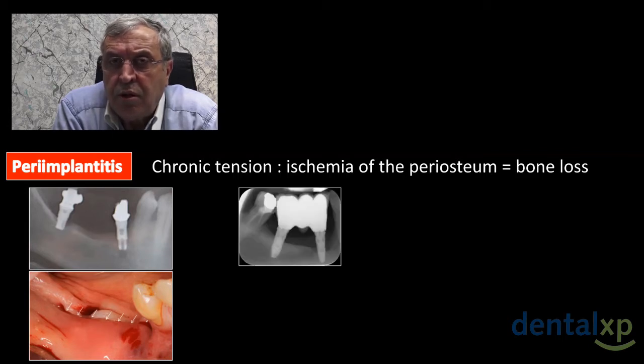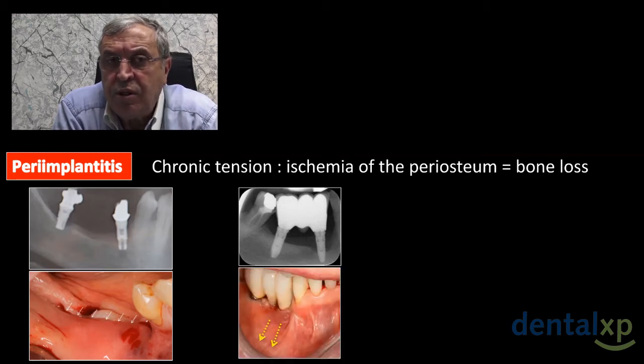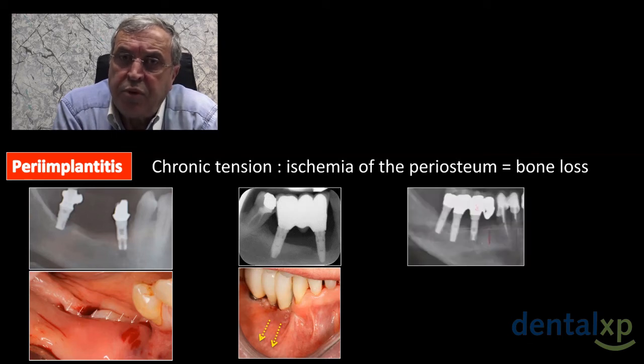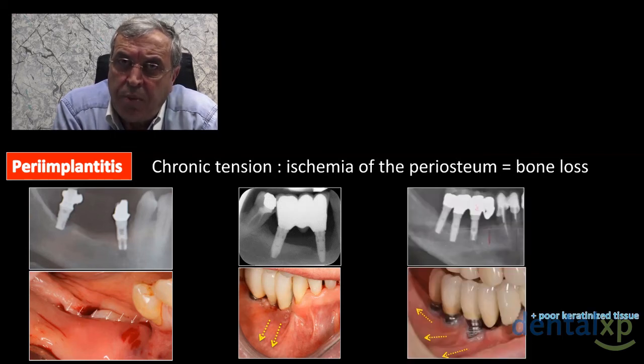When you meet a peri-implantitis, first of all, open the mouth and pull the lips, and you will see the tension. And you will understand why you are getting resorption. When you have a peri-implantitis, open the mouth and pull the lips, and you will see the origin of the peri-implantitis.